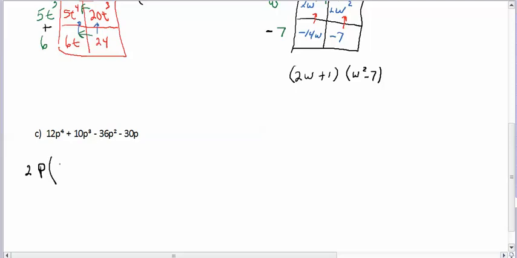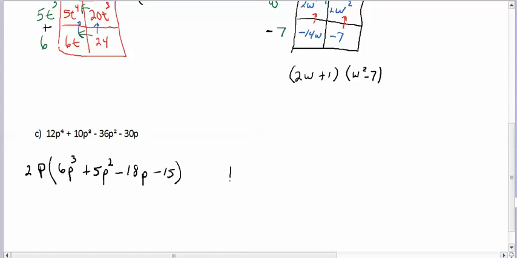Then I'm going to put 6p to the third power, because 2 times 6 is 12. 3 plus 1 more is p to the fourth. 2 times 5 is 10. I have 1 p, I need 2 more to get 3. 2 times negative 18 would be 36, and I need 1 more p. And 2 times negative 15, and I don't need a p because there's a p out here.